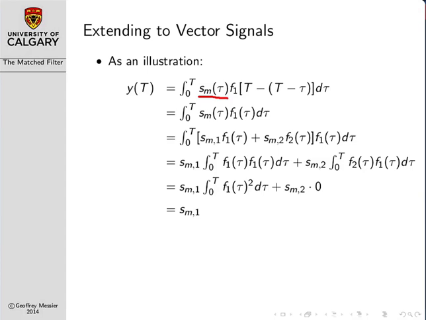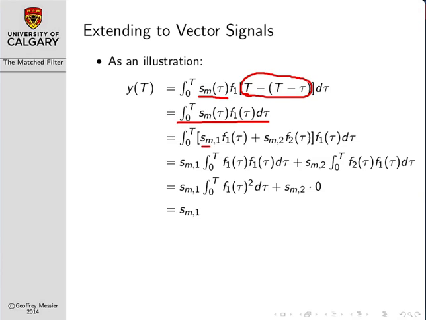And we're matched to f1 of t, the first basis function signal. If you look at our argument here, these two capital T's cancel, the negative turns to a positive on the tau, and so what we end up with is the correlation of the received signal with the first basis function signal.